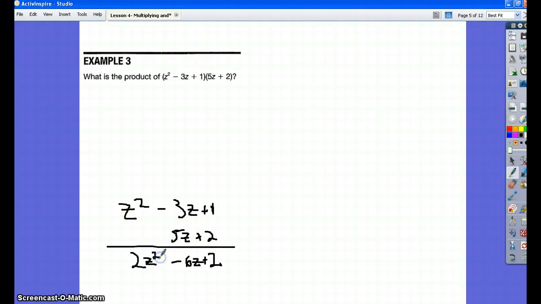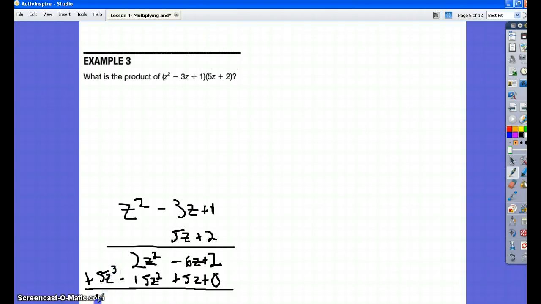So 2 times z squared is going to be 2z squared, right? And then after you do that one, remember we got to put a 0 here, following the rules of multiplying this out. It's going to be positive 5z, minus 15z squared, plus 5z cubed.